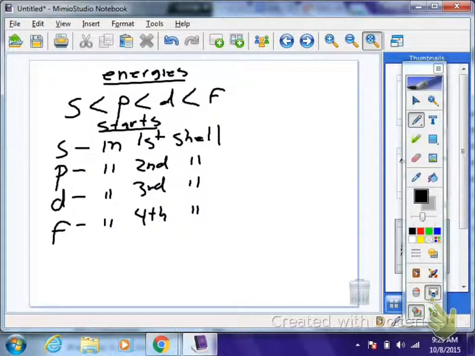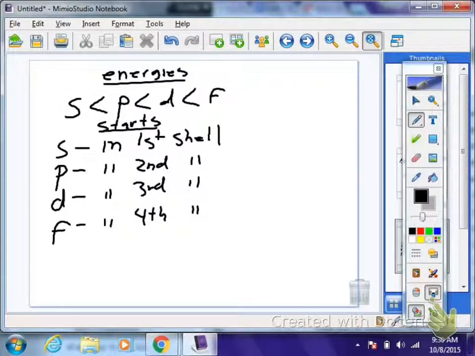Okay. So we're going to start getting more shapes. Each shell we get one extra shape of a type of orbital that we'll have. Any questions with that? So we got shells 1, 2, 3, 4. They tell you the location of the electron relative to other electrons, and they tell you the energy.